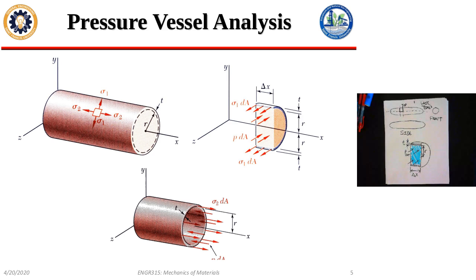We're going to do a summation of forces in, if I can put some directions on here, this direction perpendicular to the wall or the fluid. We're going to do a summation of forces along that direction.